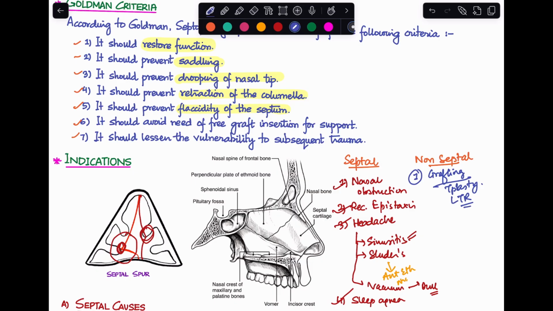In all of these cases, sometimes you may need cartilage as a graft. So here we can perform septoplasty to harvest the septal cartilage as a graft for these surgeries. So that is our first non-septal indication.